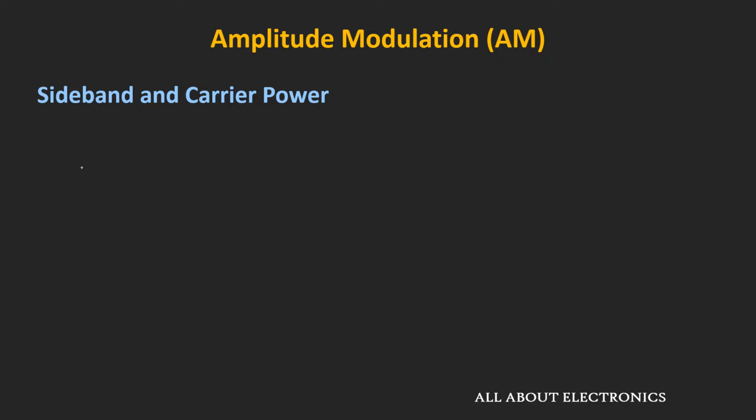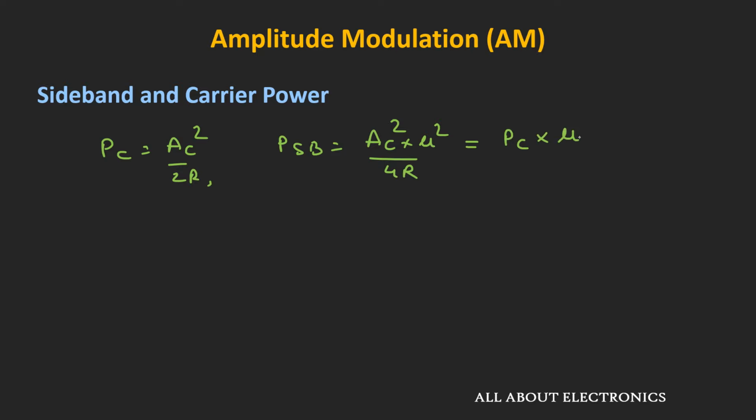So in this way, we found the carrier power as AC square divided by 2R, while the sideband power as AC square times mu square divided by 4R. And if we write in terms of the carrier power, then it is equal to PC times mu square divided by 2, right?